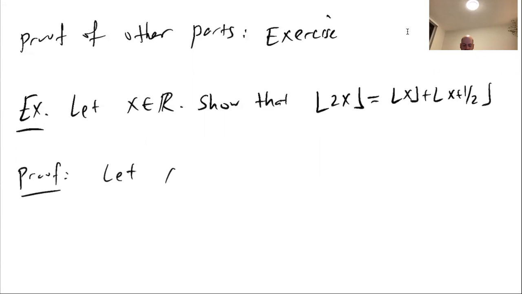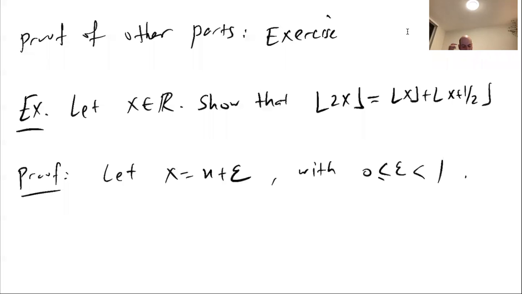I can say let x equal n plus, let's say, epsilon. Remember we asked whether x is between n and n+1/2, or between n+1/2 and n+1. So I can write x = n + epsilon with epsilon bigger than or equal to 0 and less than 1.